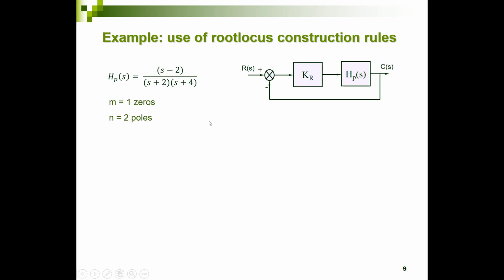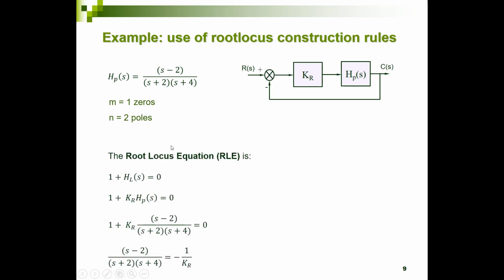Well, now we can define the root locus equation by saying that all the system blocks in the loop except for Kr are equal to minus 1 over Kr. So that is depicted over here. S minus 2 divided by s plus 2 times s plus 4 equals minus 1 over Kr.